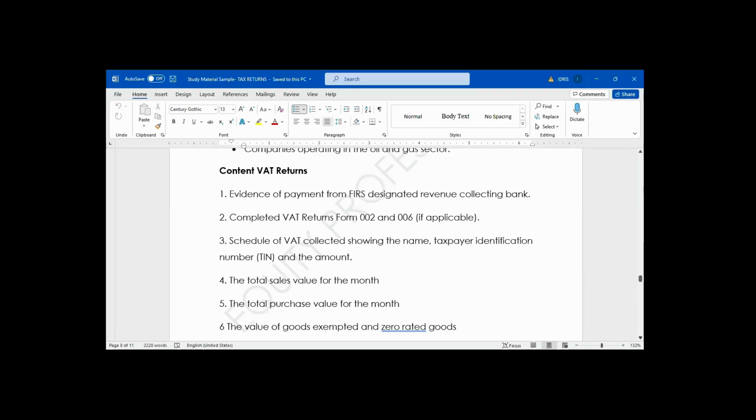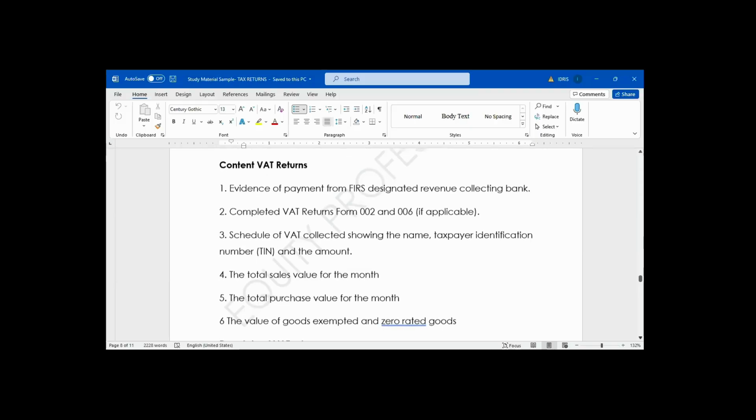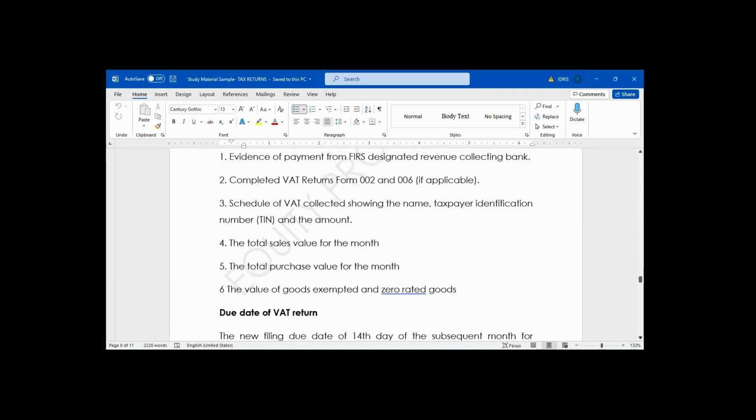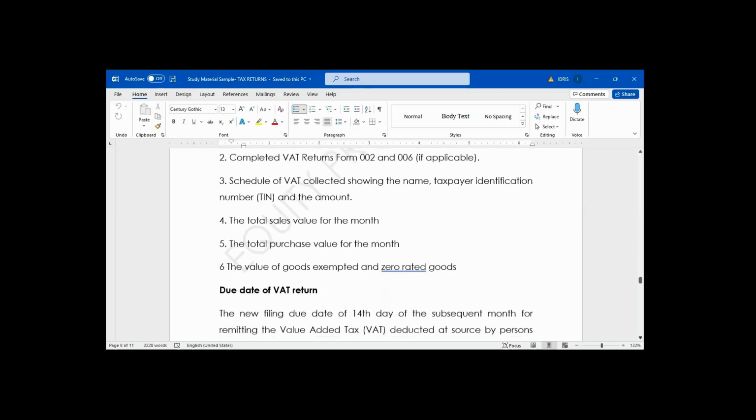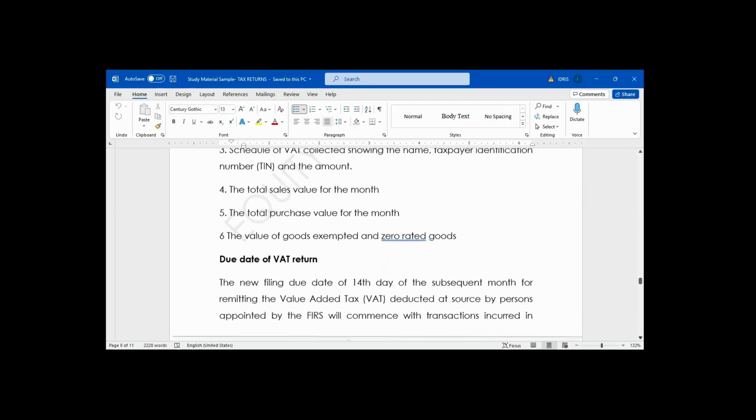Another one, the total purchase value for the month. That is another content of value-added tax. Another content of value-added tax is the total value of goods exempted.